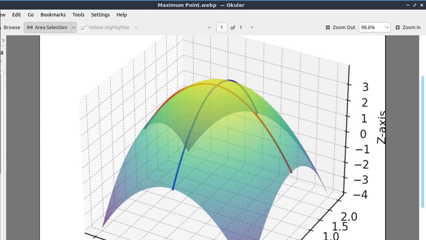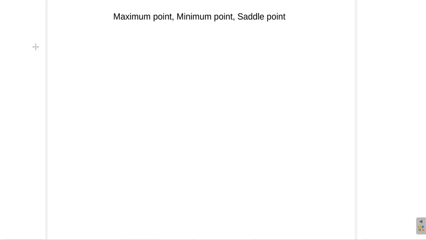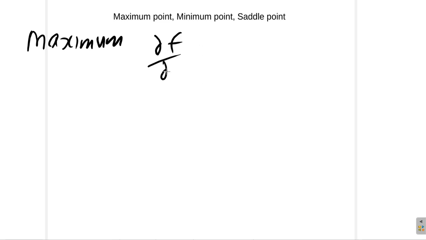So what you find is that for the maximum point, you have the partial derivative of the function with respect to x equal to 0.